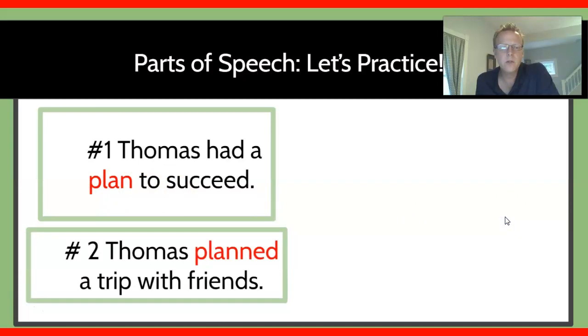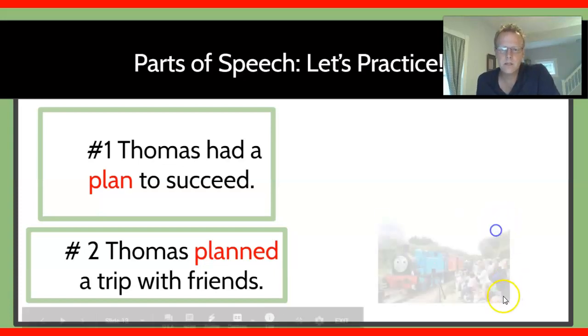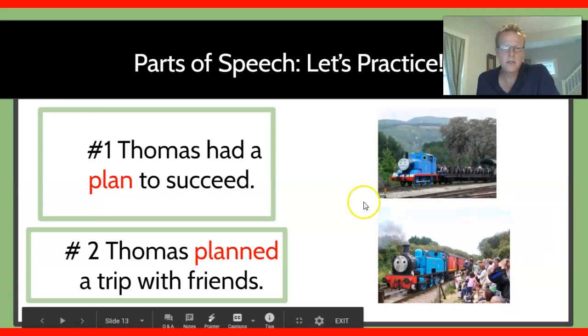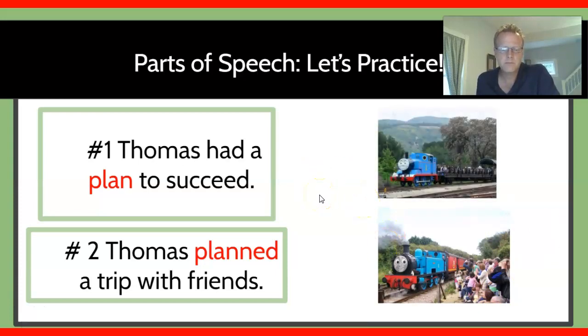Thomas planned a trip with friends. All right, so let's ask ourselves, in sentence number 1, what is plan? The best thing you can always do is identify the subject and the verb in the sentence, and even the object. So what is the subject? It's Thomas. The verb is had.